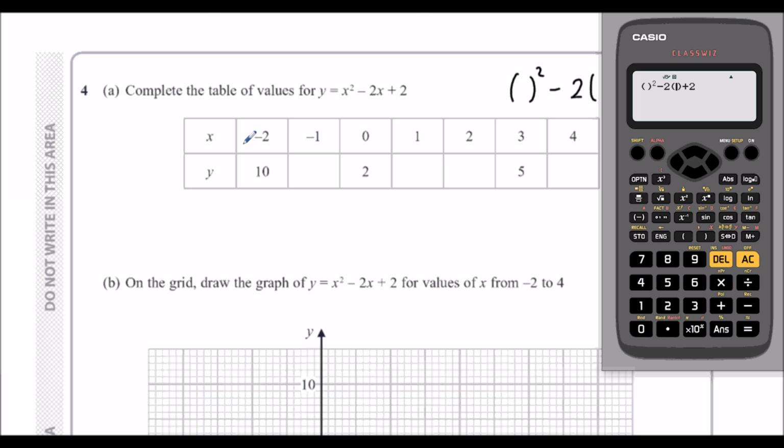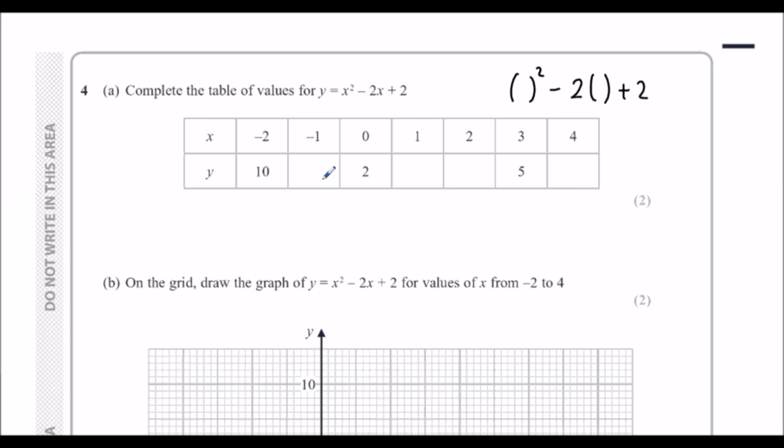If I substitute in negative 2 for x, I should get out 10. So if I substitute negative 2 in, I should get 10 out, and I do. So let's look at negative 1. Substitute negative 1 in. When x is negative 1, y is 5.